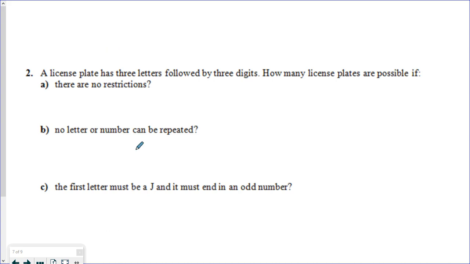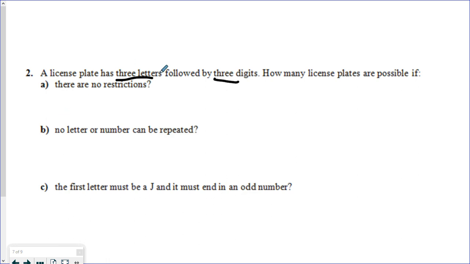A license plate has 3 letters followed by 3 digits. It now is 3 letters followed by 4 digits, so probably getting closer to 10 years ago that would have changed over. It used to be 3 by 3, now it's 3 by 4 mostly. How many license plates are possible if there are no restrictions?